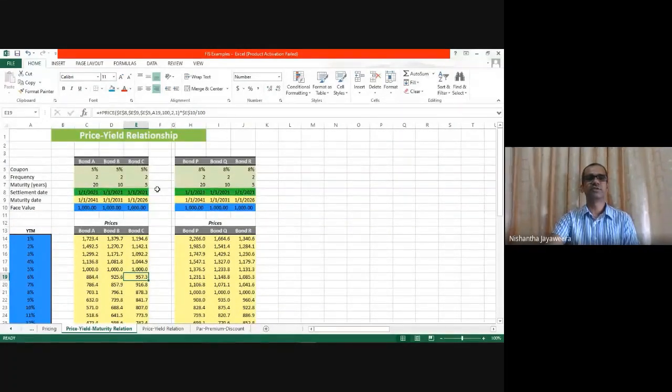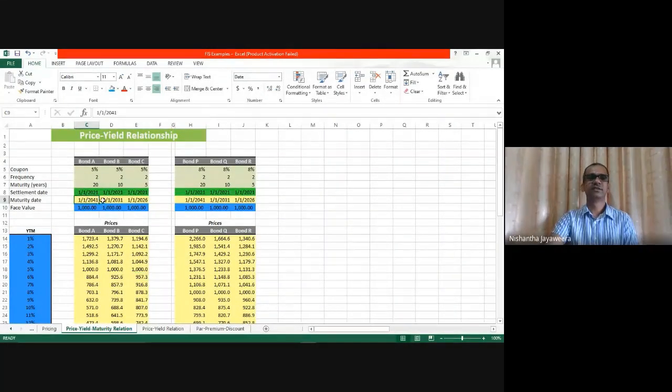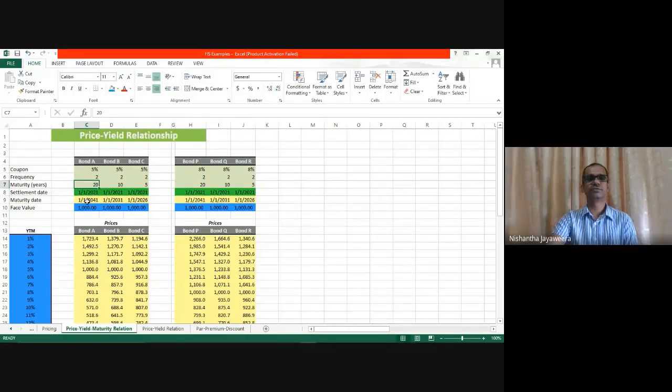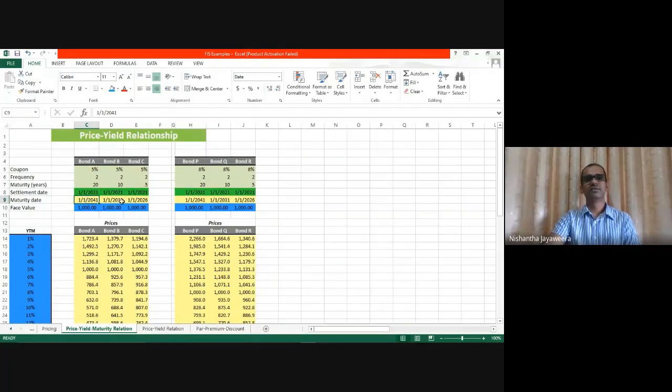Maturity, if the maturity period increases, I couldn't find how to do this. If I change this, is there any way to change this automatically in Excel? I couldn't find anything. So if you can find it, you can put the equation here, so whenever you change the maturity, even the maturity date will change and everything will be adjusted automatically.